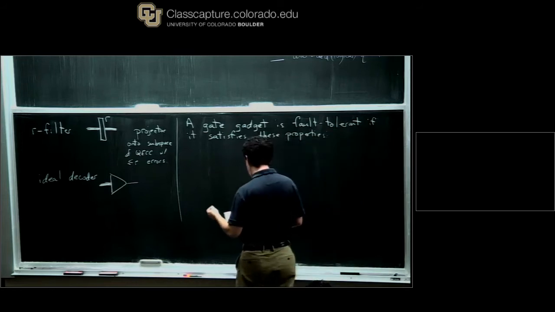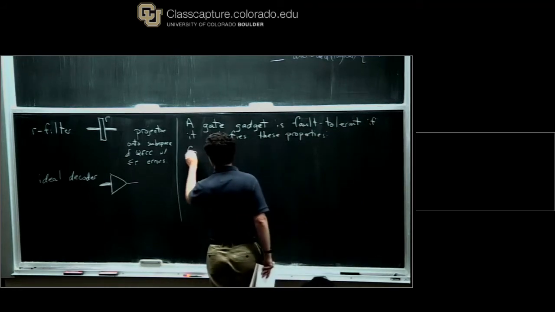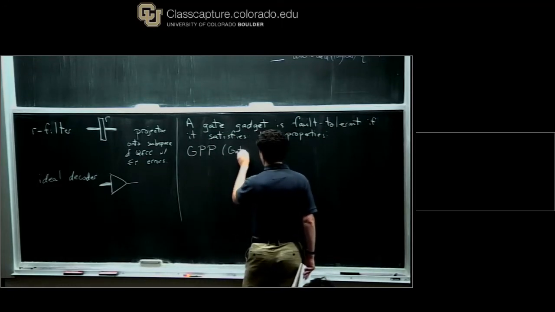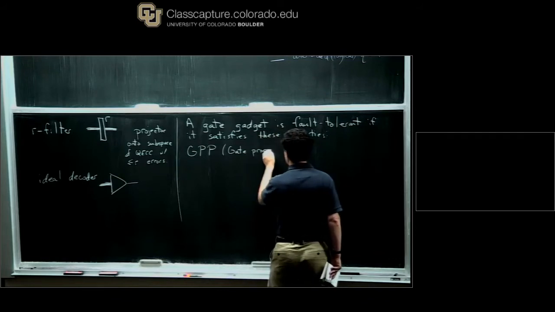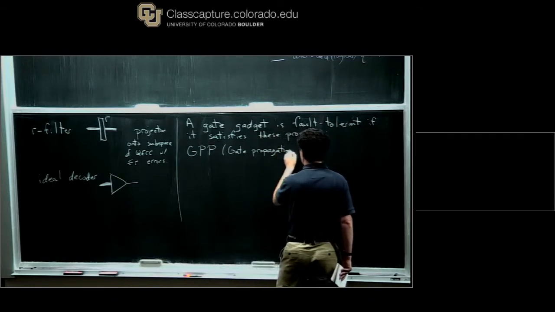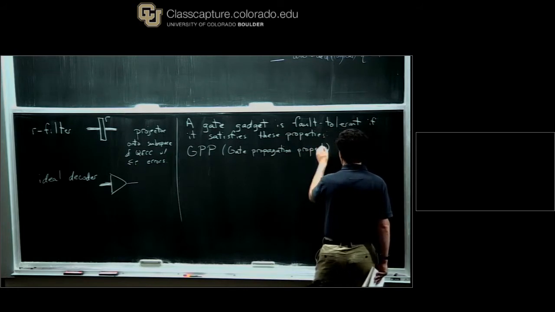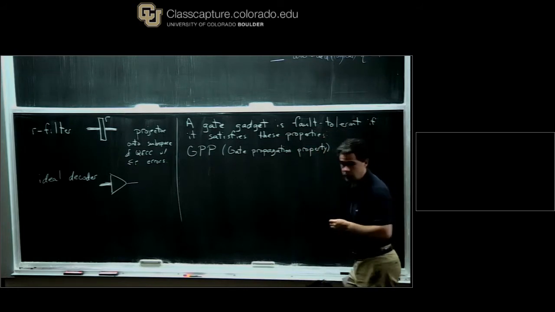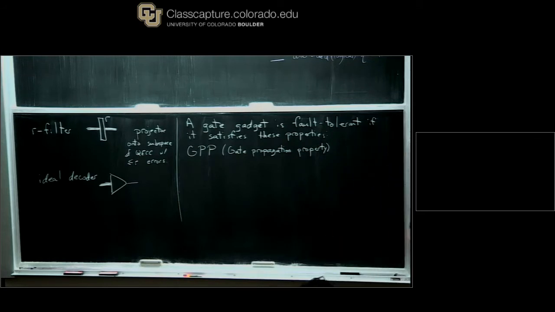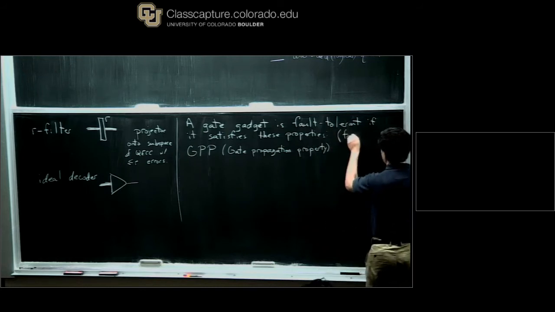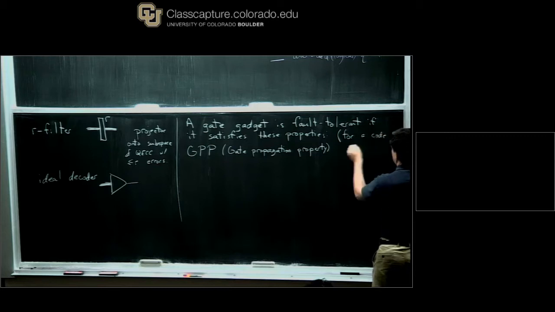So this is the gate propagation property, the GPP. And the GPP says that if we're given, so all of this is going to be for a code that corrects T errors.